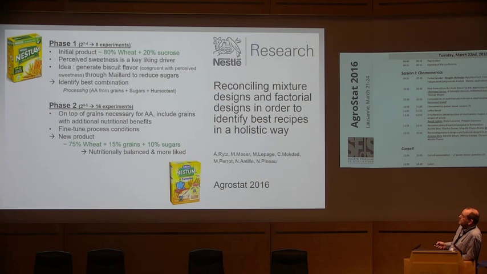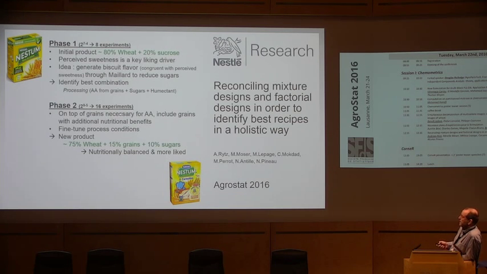And in this first step, with only 8 trials, we identified the best combination of the grains in order to have free amino acids that can react with the best combination of sugars and the best humectant. The second part was, once we had that, we were able to generate this biscuity flavor.